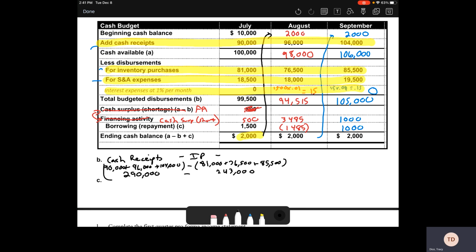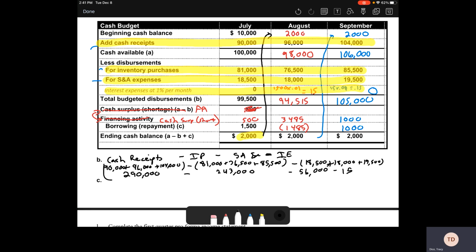And then we also need to subtract our selling and administrative expenses. So minus the 18,500 plus 18,000 plus 19,500, which should give us 56,000. And then minus our interest expense, which is just that $15.